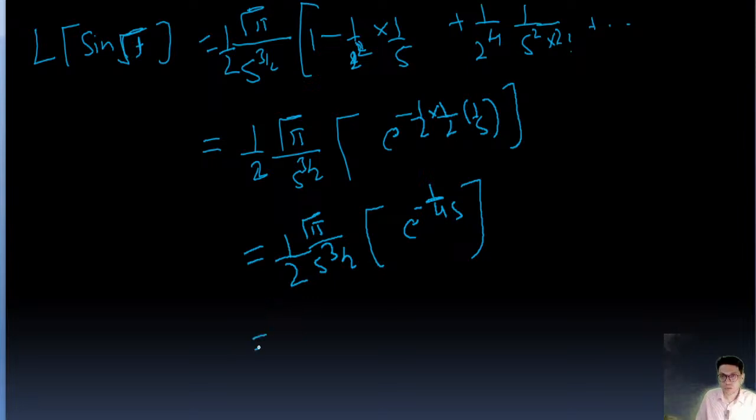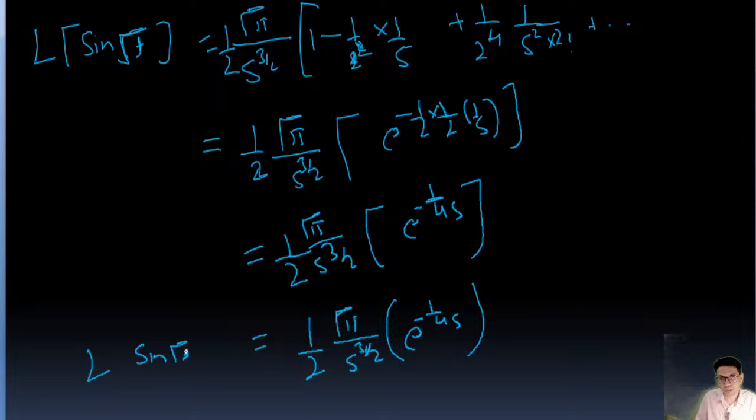Yes, so this is the value: 1 upon 2 root pi upon s to the power 3 by 2 e to the power minus 1 upon 4s. Laplace transform of sine root t, so this is the answer, guys. Very important, you need to note it down.